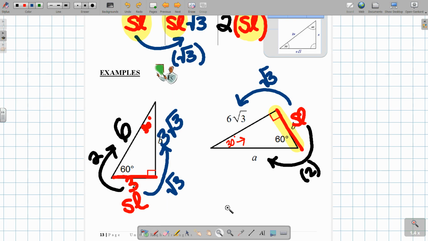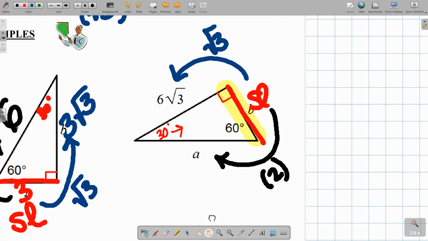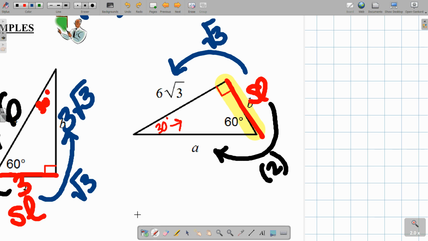Let's zoom in. You can see in the pattern here, it reads like this.